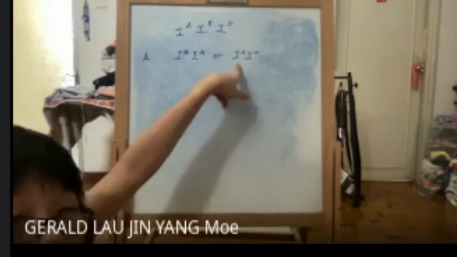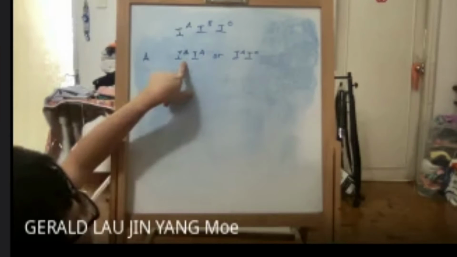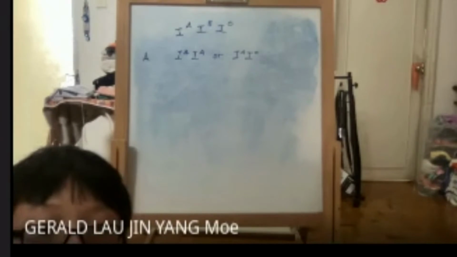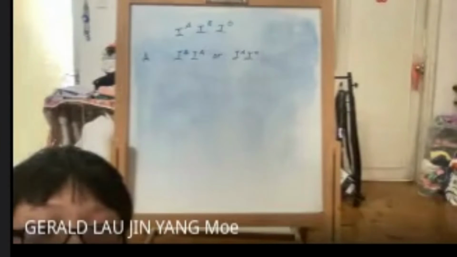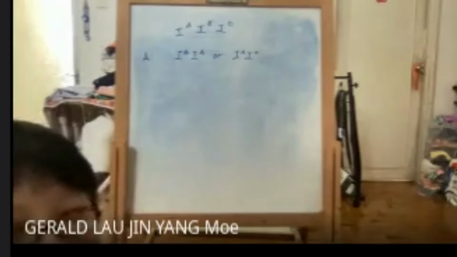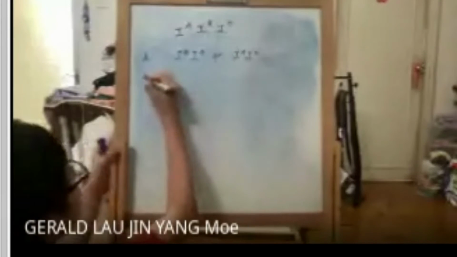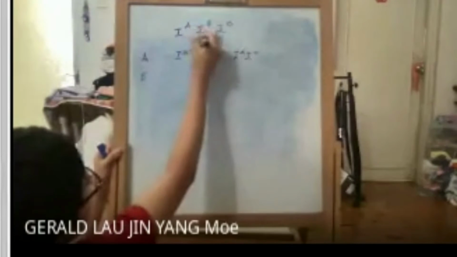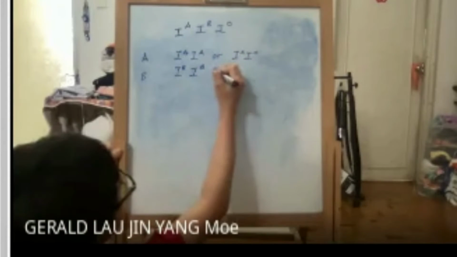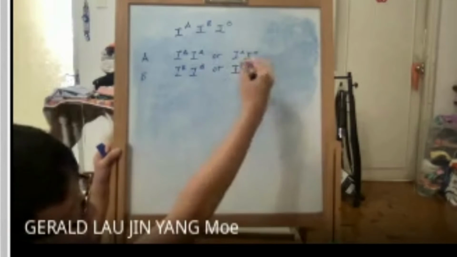So if you are type A, your genotype can be I^A I^A or I^A I^O. Now B. If your blood group is B, same thing. You have the dominant I^B, and you can have homozygous dominant or I^B I^O. O is recessive, so it will not be expressed.